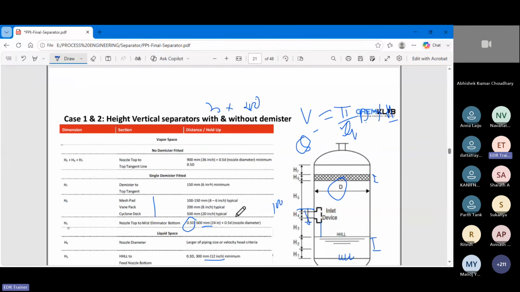We do the calculation of the diameter, length, and everything because we know all the formulas are there, but we have some guideline to identify what kind of internals we are going to use. Then demister to top tangent means here we are talking about this tangent space, 150 or 6 inch, again depending upon the criteria and the requirement. Okay.